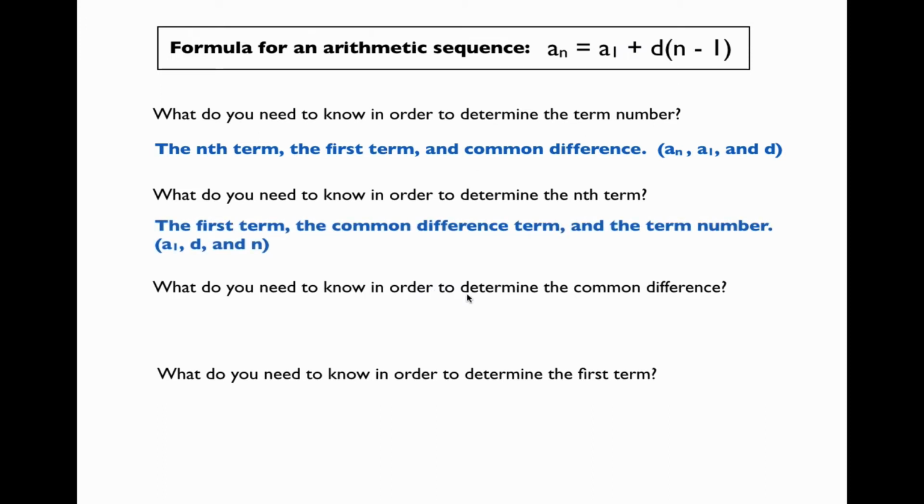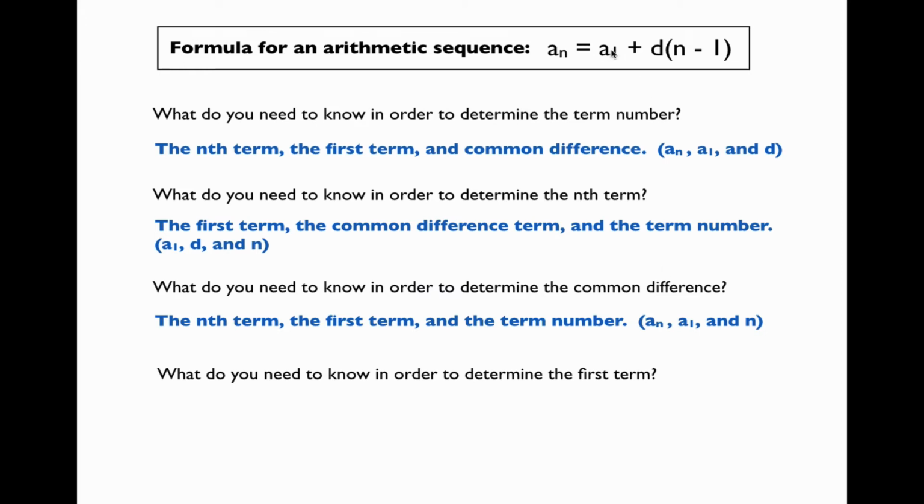What do you need to know in order to determine the common difference? Well, what would be helpful? One way to do this is to know the nth term, the term number, and the first term in the sequence. And then finally, what do you need to know in order to determine the first term? Now pay very close attention to this question.